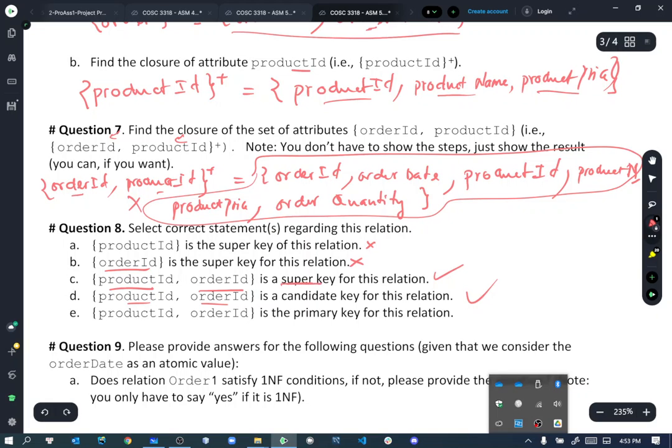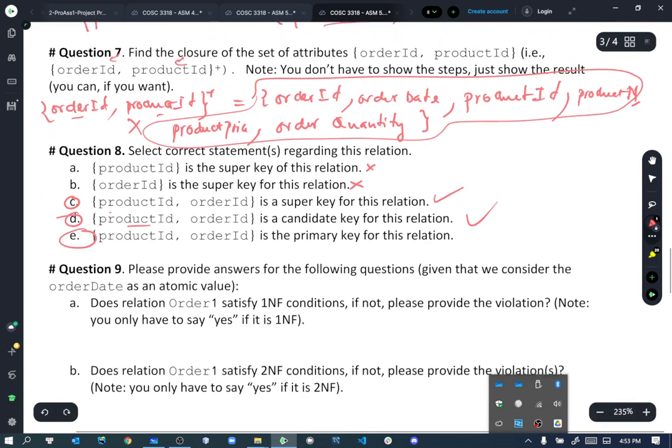And if it is a super key and is minimal, then it is a candidate key. So this one is true, this one is true. The last one here: we have only one candidate key, no more. So that's why this is the primary key. This is also true. Okay, so this one is very, very important.